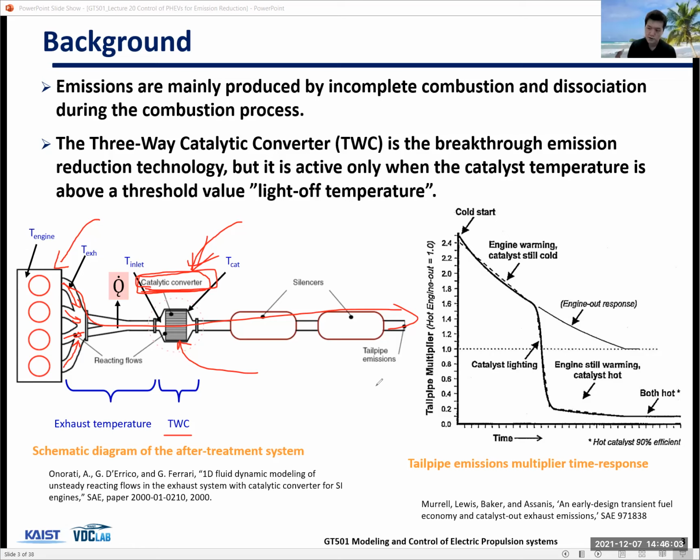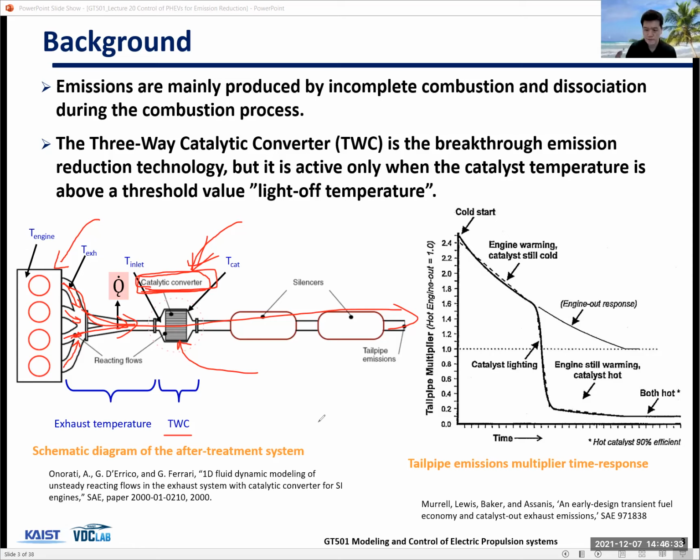Yes. So in the past and still, the most efficient and cost-effective solution is simply using hot engine exhaust. Engine exhaust is hot, so if you just let it flow through the converter, then the converter becomes hot and starts to convert these harmful emissions.